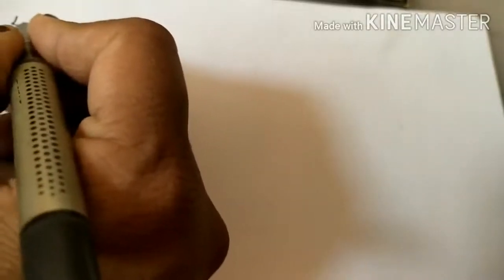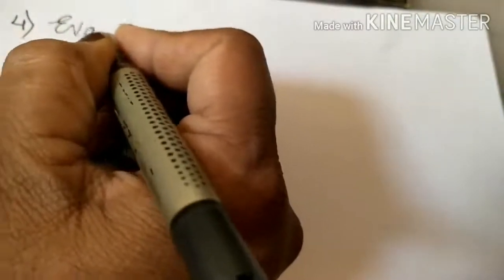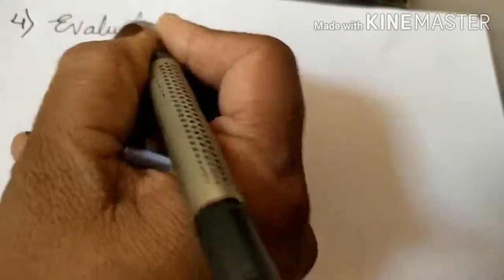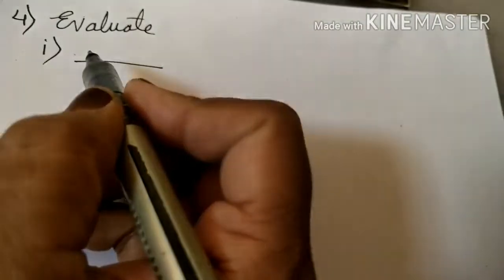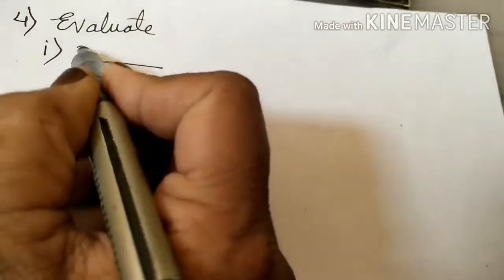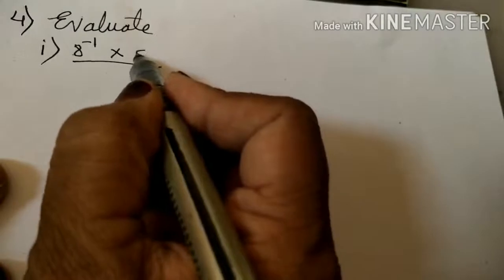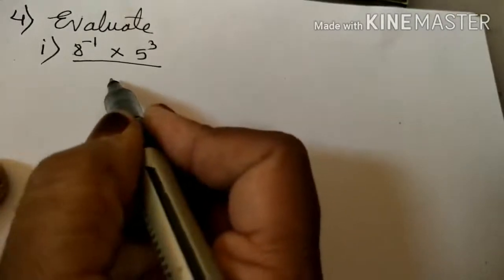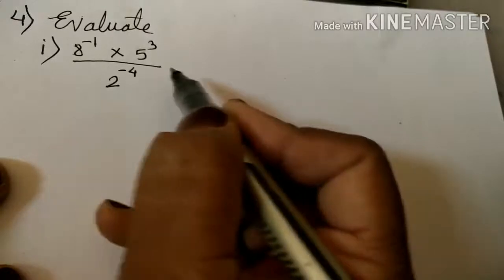Fourth main question is evaluate. In this first one, 8 raised to minus 1 into 5 raised to 3 divided by 2 raised to minus 4.